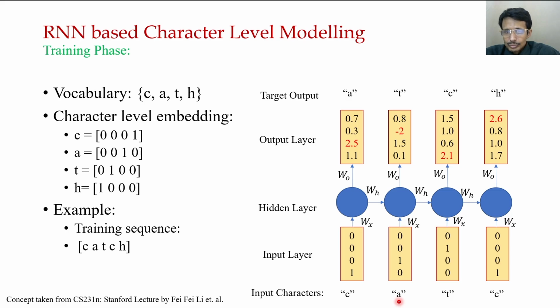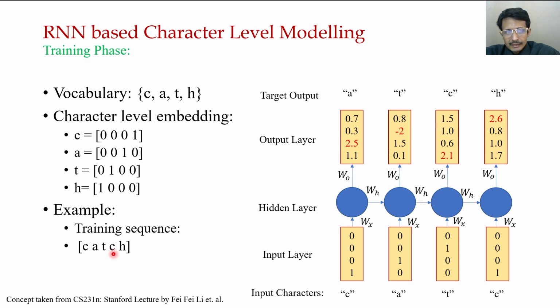What will be the target output? After C and A, this is T. So T is the target output. Now again, for CAT, this T is the input, and the target output is C here. And so on.